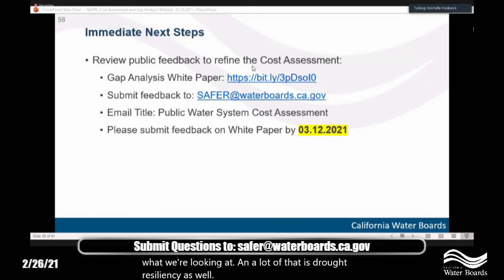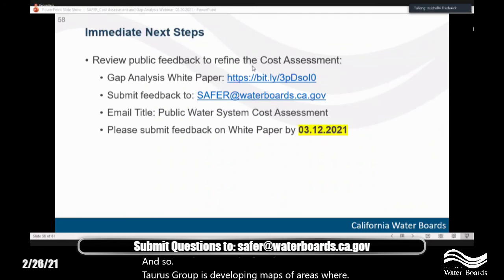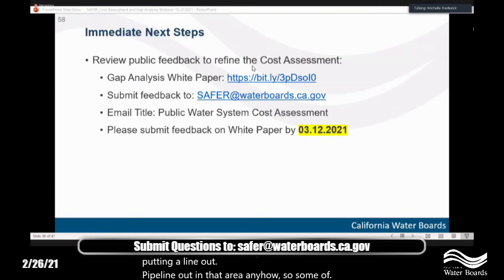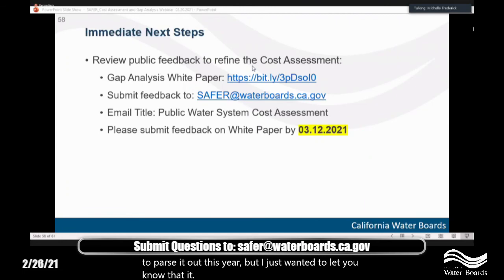Tara's group is developing maps of areas where consolidations are possible, and also includes domestic wells along those lines where they appear to be densely packed, and we would consider maybe putting a pipeline out in that area anyhow. So some of that is being incorporated. I don't know that we'll be able to parse it out this year, but I just wanted to let you know that it is underlying in what we're doing.